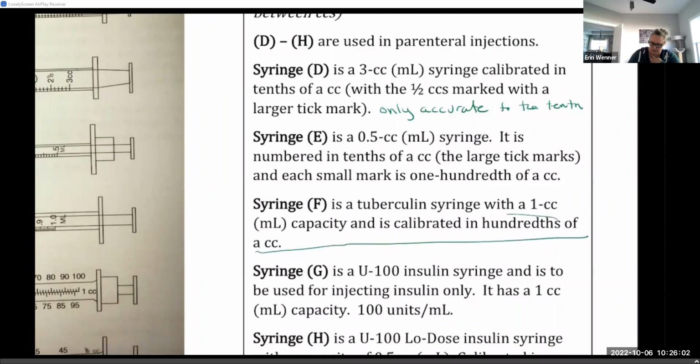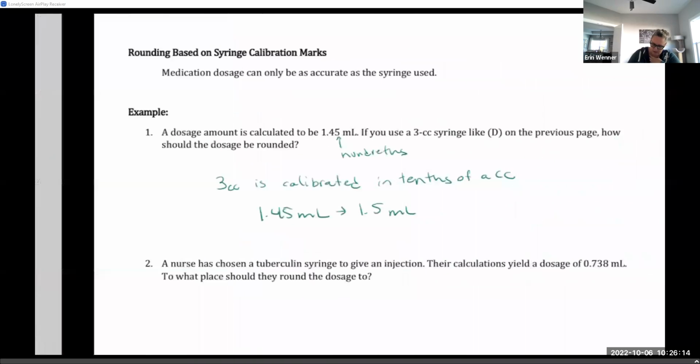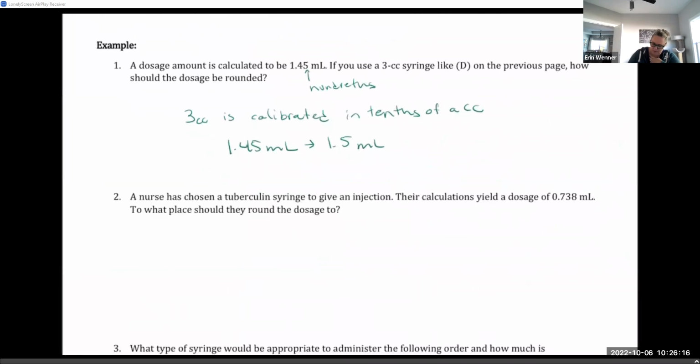The hundredths means that we can have 2 decimal places. So if we go back to our example, they've calculated 0.738 milliliters.